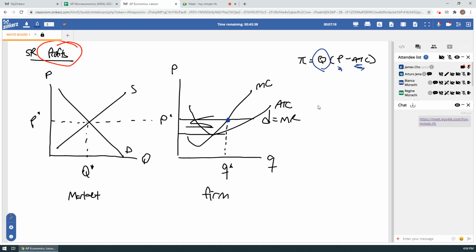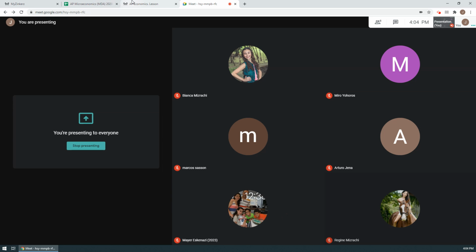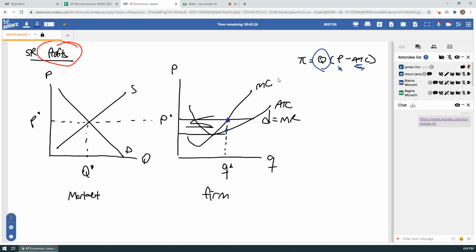At this quantity, I want to look for the ATC, and the ATC is not here. The ATC is here, because that's where that imaginary Q line touches the ATC curve. So here is P minus ATC, and then if I draw it carefully, there's my P minus ATC times Q.